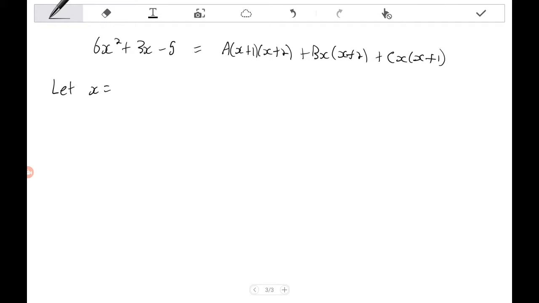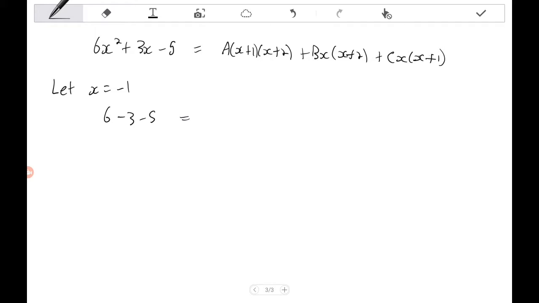x equal minus 1. We can sub that into our left hand side and we get 6 minus 3 minus 5 would be equal to, now if we sub minus 1 in here, this fraction goes to 0, so this whole term is 0.